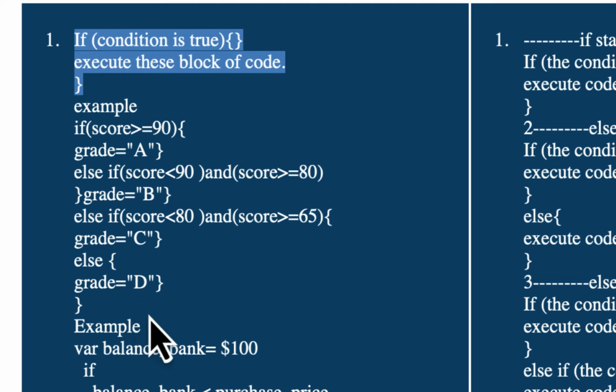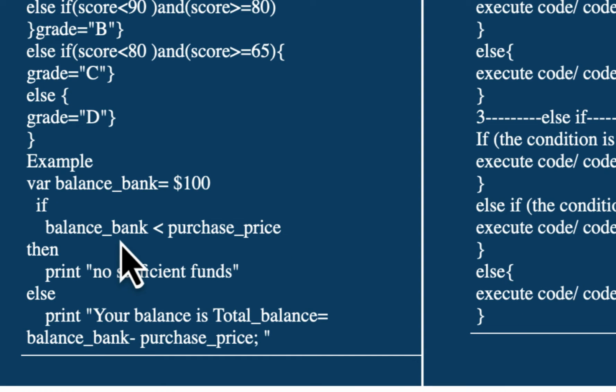I give you another example here. We put the balance in the bank, they call it a variable, and the balance in the bank is $100. We want to purchase products, and the purchase price is less or more, but we don't know. If the balance is less than the purchase price, then we tell the user, no sufficient funds.